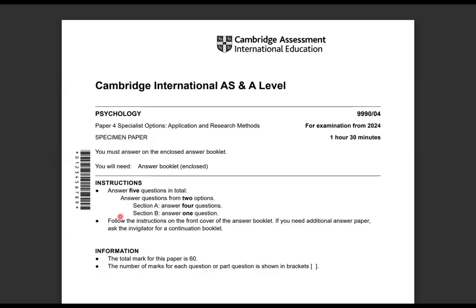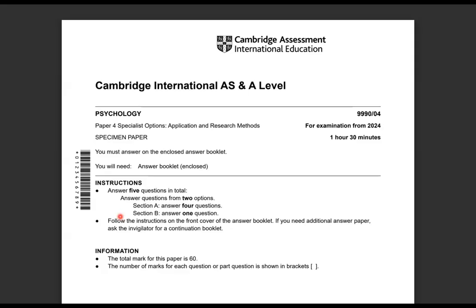In section B, you need to choose whether you want to attempt the question for clinical psychology or whether you want to attempt the question for health psychology, assuming these are the 2 options that you have studied for. Okay, obviously, if it's consumer and organization, let's say, for example, then you would select whether you want to do a question on consumer or on organizational for section B. So in section B, you just need to attempt one of the 4 options that you have, one of the 4 modules, right?